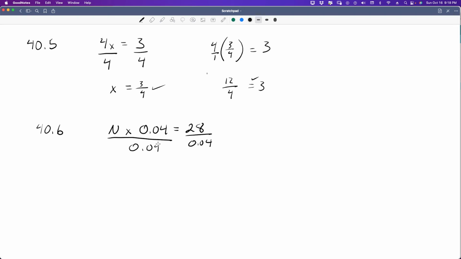So when we divide, the 0.04 cancels. So all we have left over here is n. N is equal to 28 divided by 0.04, which is going to be 700. So if we substituted this in, for n was 700, 700 times 0.04 would be 28. So our solution checks.